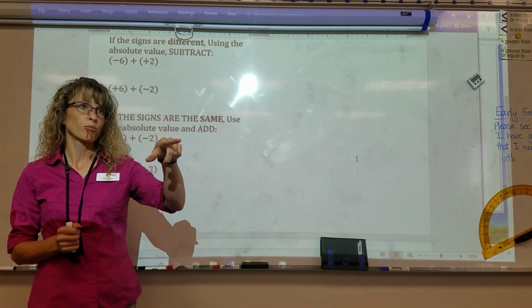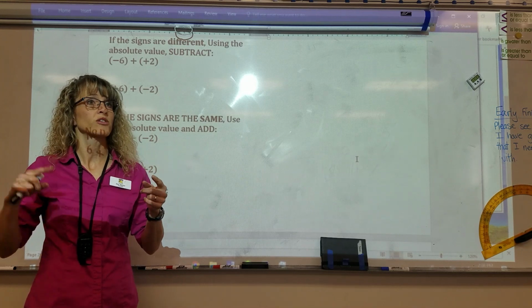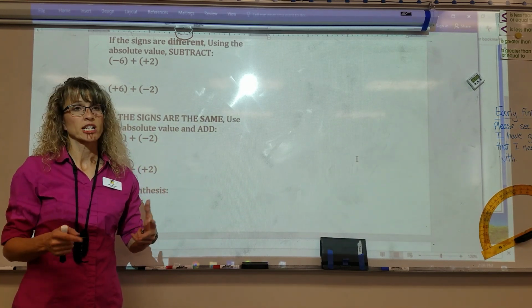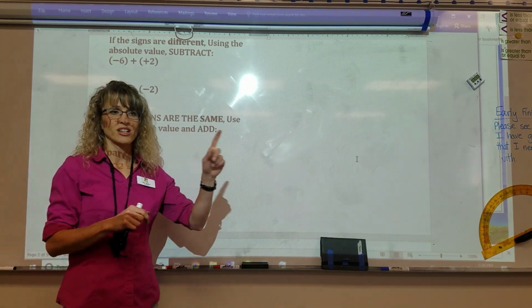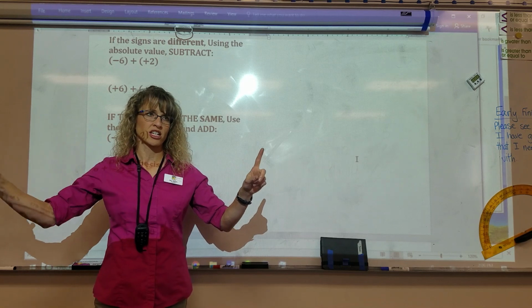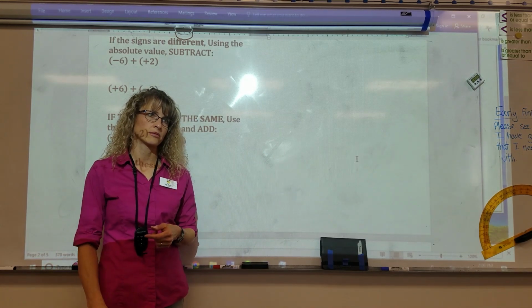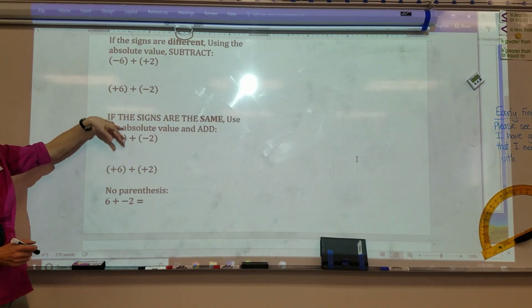Okay, for multiplication, positive times positive gives a positive answer, and negative times negative gives a positive answer. For addition, it's going to take on the sign of whatever it is. If you have a negative number and you're subtracting another number, the answer has to be negative. It's different than multiplication.